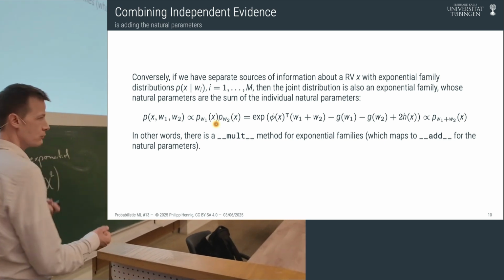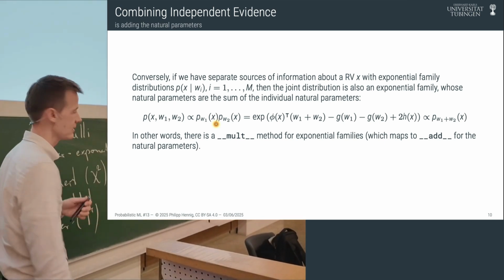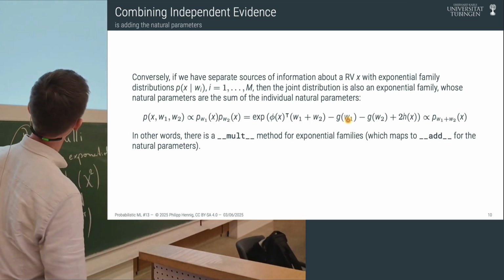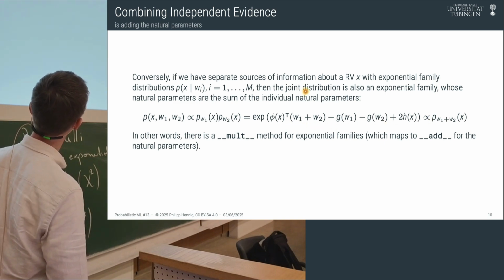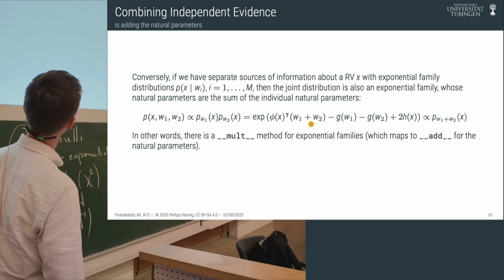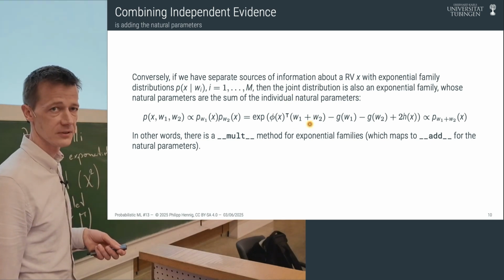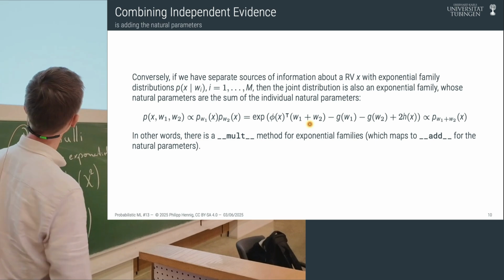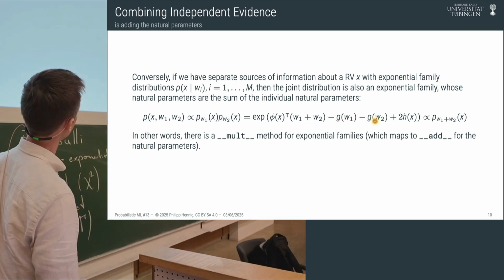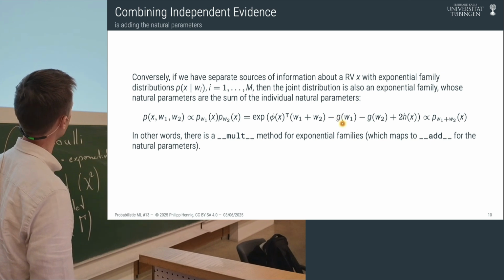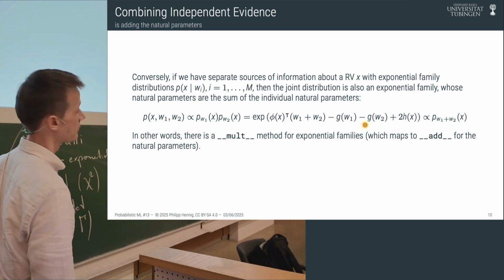You can think of these as two different sources of information about X. Then, by plugging in the definition, we see that all we have to do is to add the natural parameters of these sufficient statistics. And then we'll get a new log normalization constant, which here looks like it might be complicated to compute because who knows what the difference between those two is.